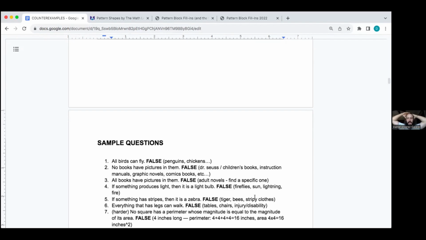So you see, I think the kind of formulation of the activity is fun. You tell the students, no square has a perimeter whose... let's just do the simpler version. No square has a perimeter that's equal to its area. And then they might be like, oh, I'm gonna prove that teacher wrong. And then they might start thinking.